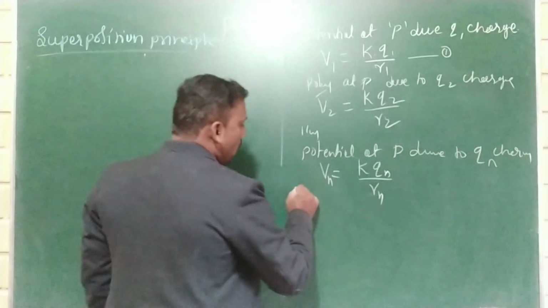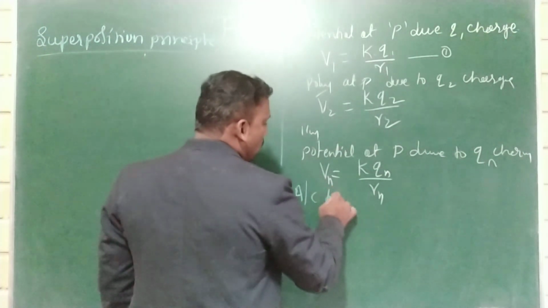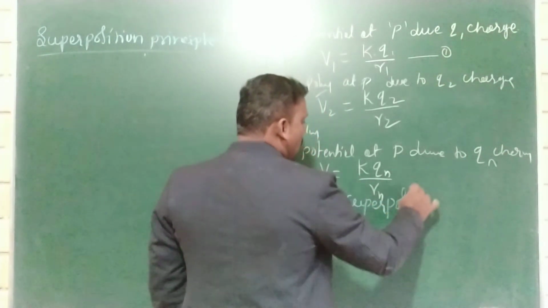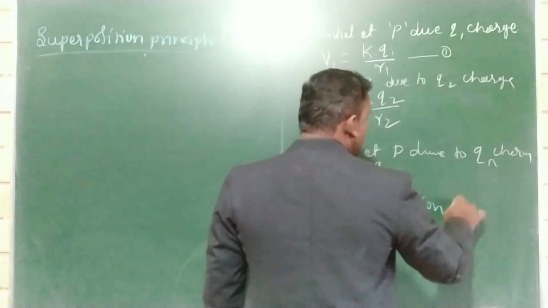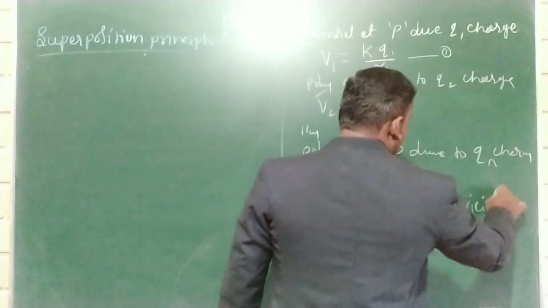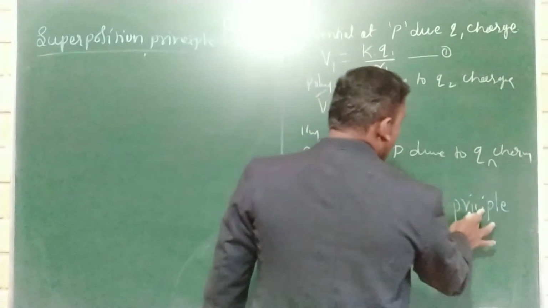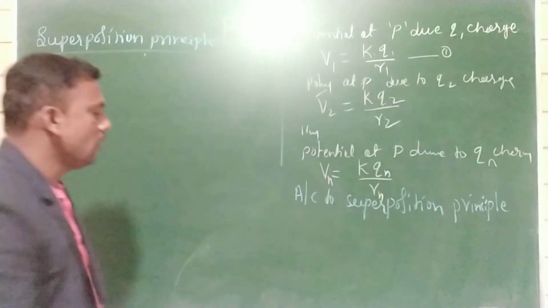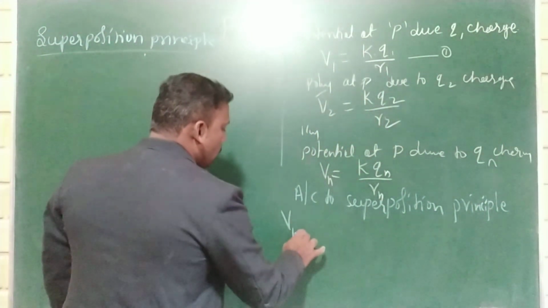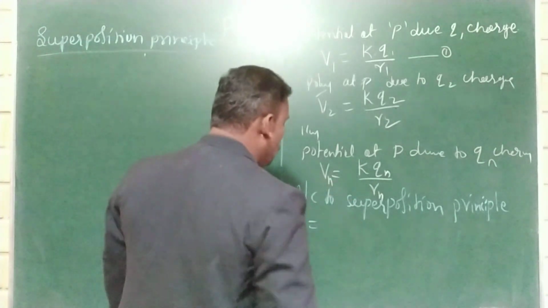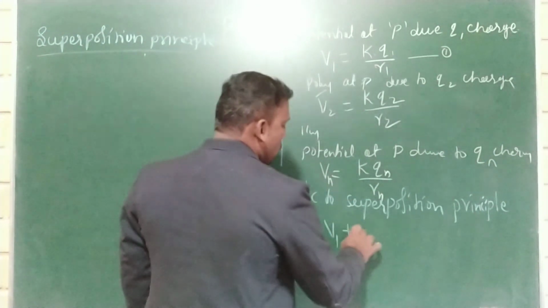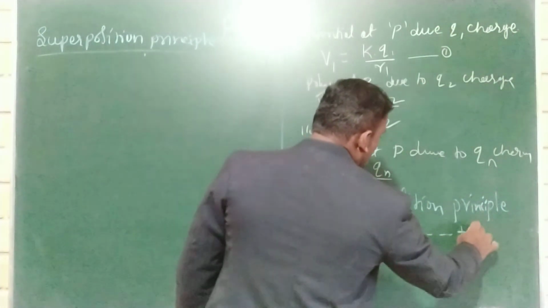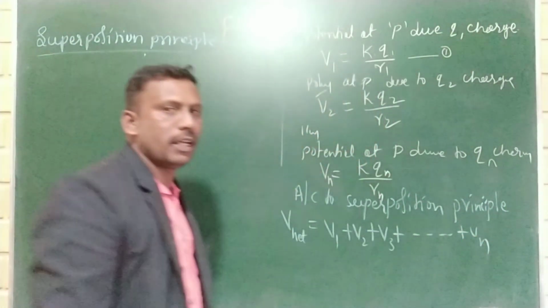Therefore, V net is equal to V1 plus V2 plus V3 and so on plus Vn.